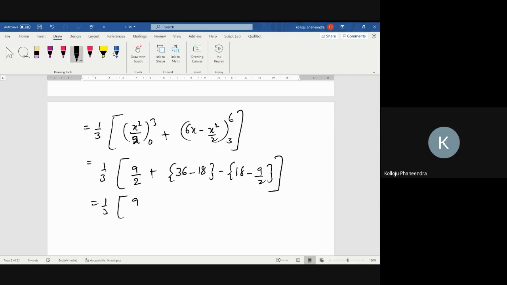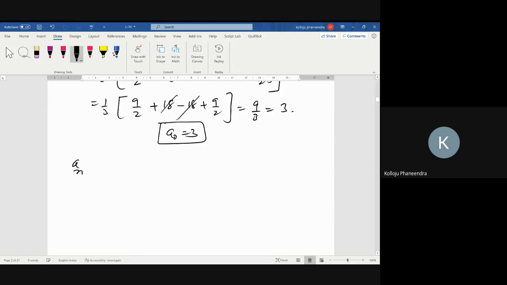So 1 by 3, this is 9 by 2 plus 18, and this is minus 18 plus 9 by 2. So these two cancel. 9 by 2, 9 by 2, this is 9. 9 by 3, this is value 3. So a naught value is 3.